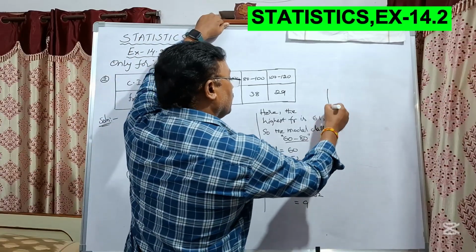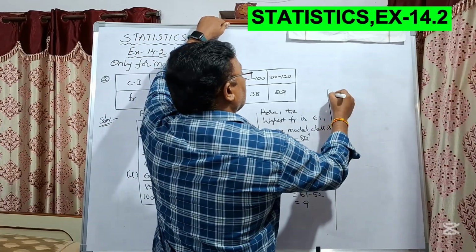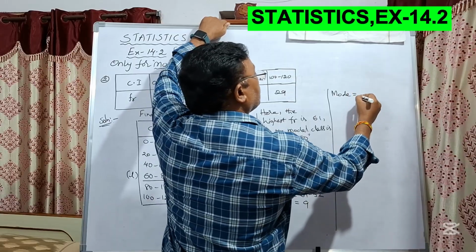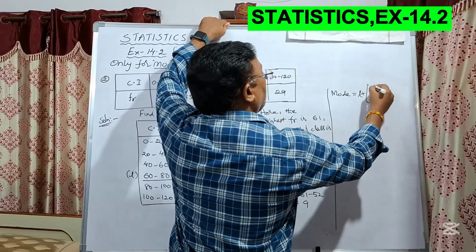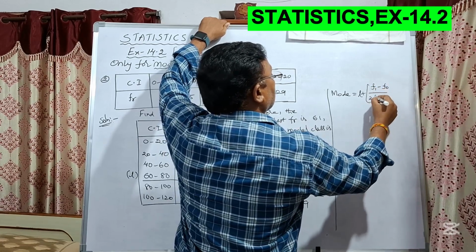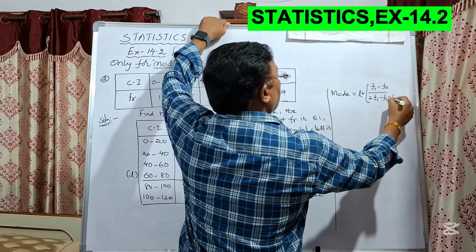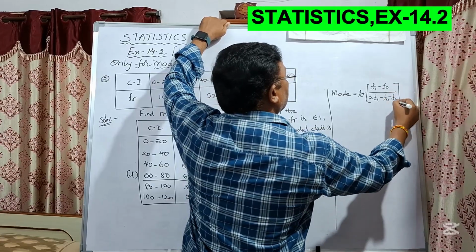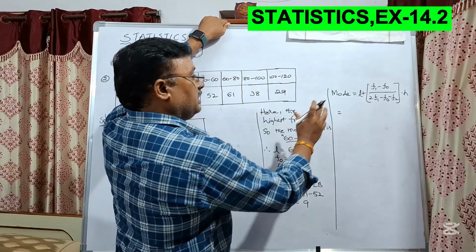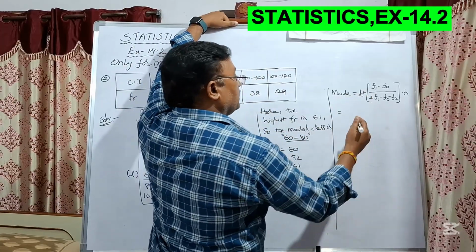Therefore the mode of the grouped frequency distribution table is equal to L plus (f1 minus f0) by (2f1 minus f0 minus f2) into h. All the values are there with us. Neatly substitute and simplify, you will get the answer.